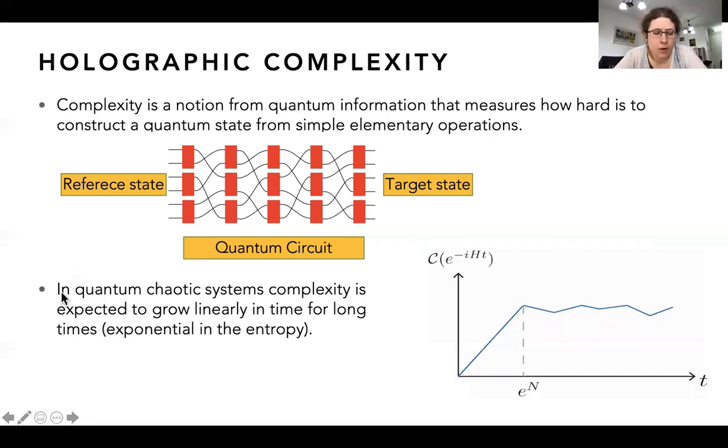In a quantum chaotic system, a typical signature is that the complexity grows linearly for a very long time, for times which are exponential in the number of degrees of freedom.